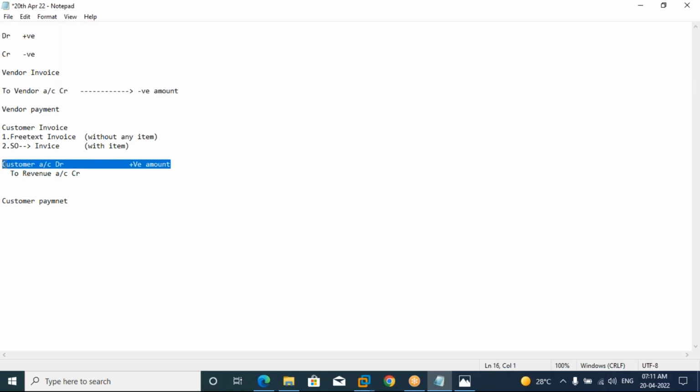It is positive. Your money is with the customer, which is going to be received. That is the reason it is positive. So customer account debit to revenue account credit. If it is a customer payment, then your cash or bank balance will increase, because you are receiving money, am I right?